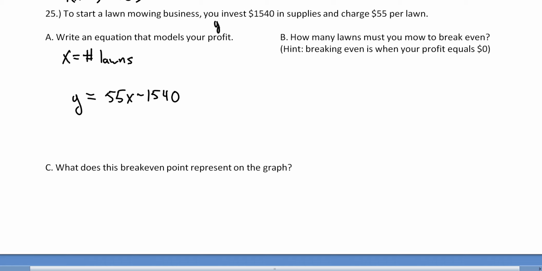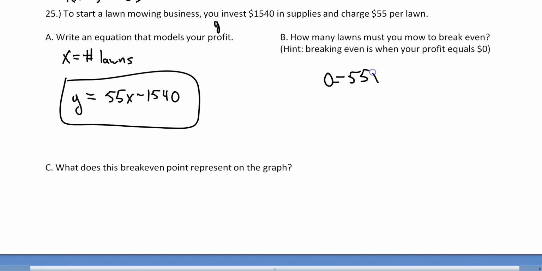Okay? And then here it says how many lawns must I mow in order to break even. That's when the profit is 0, so in other words, plug a 0 in for y. So if I plug a 0 in here, it's just asking me to solve this and see how many lawns I have to mow before I get my money back from all the money I spent starting the business. So now here I just solve. I'm going to add the 1,540 to each side.